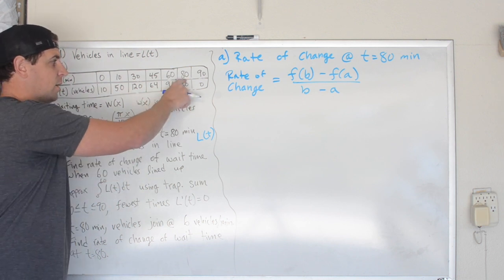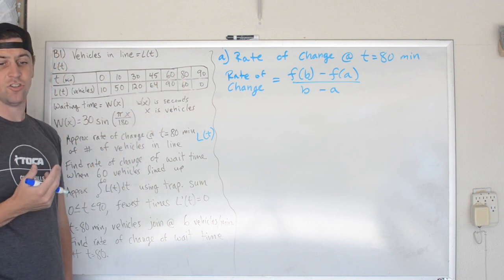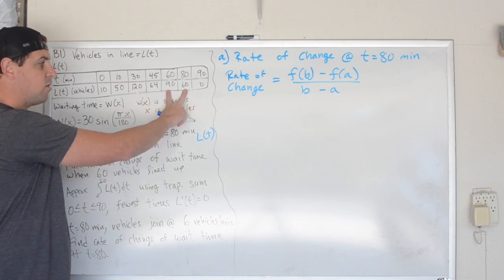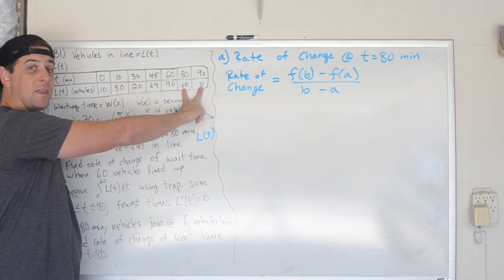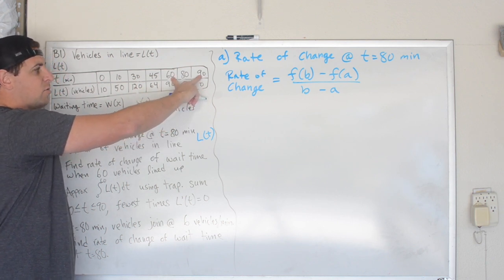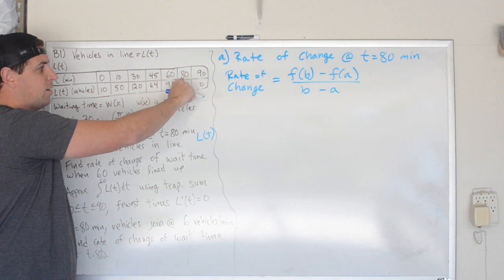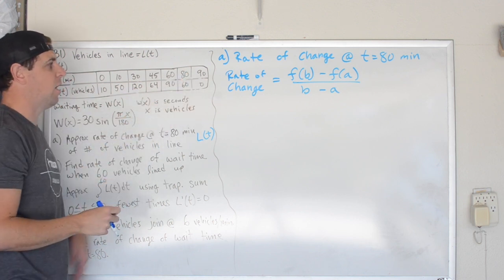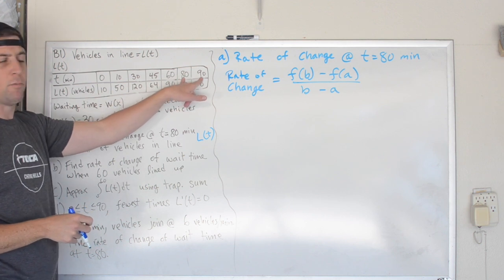Because they didn't give us information on either side and we're approximating, we actually get to choose, and all three options would be correct. Our 2 points can be these two, or these two, or the ones outside. But these aren't equidistant away from 80. This is only 10 away, and this is 20 away, and this is 10 away. So I'm going to end up using these two as my points.